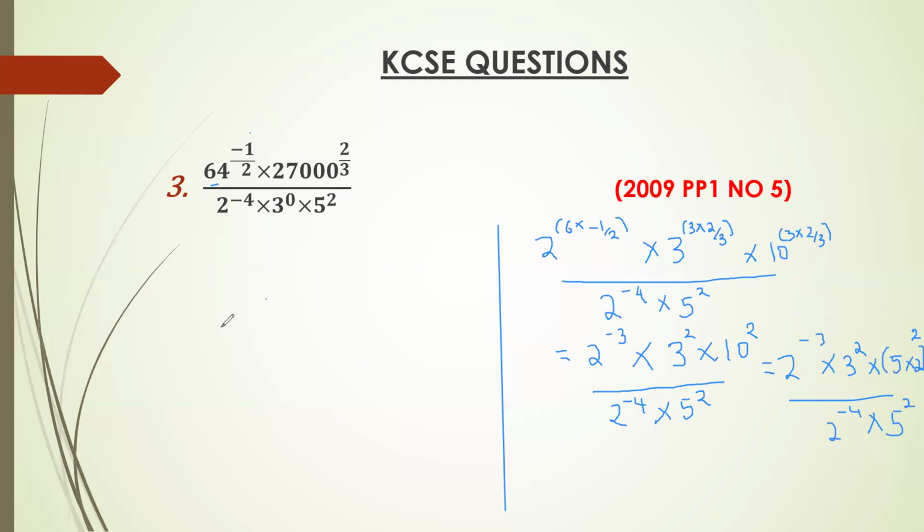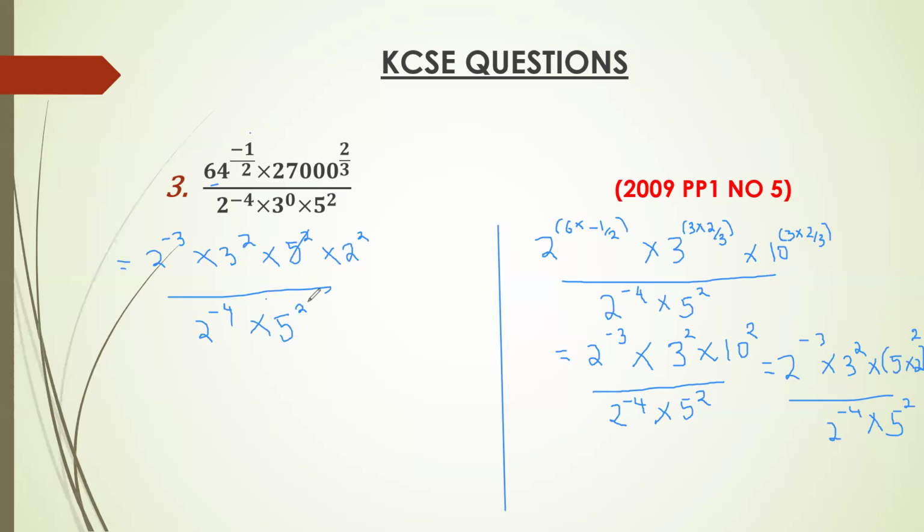Okay, so let's continue. So it will be 2 power negative 3 times 3 power 2. Open up here, 5 times 2 it will be 5 power 2 times 2 power 2, divide by 2 power negative 4 times 5 power 2.